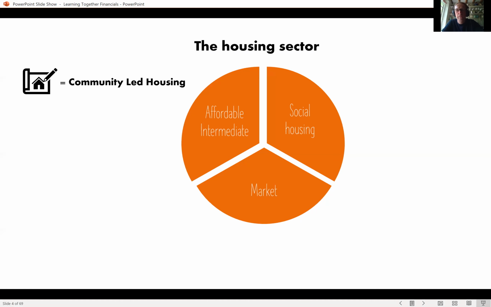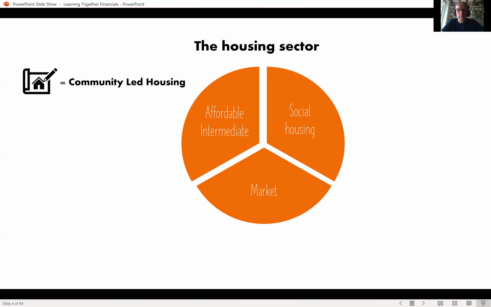Many of you on the call will know this already, but I just wanted to talk a little bit about the housing sector because it's important in terms of what decisions you make at an early stage of your project. The housing sector is roughly divided into these 3 areas: social housing, market rate housing, and affordable and intermediate rate housing.